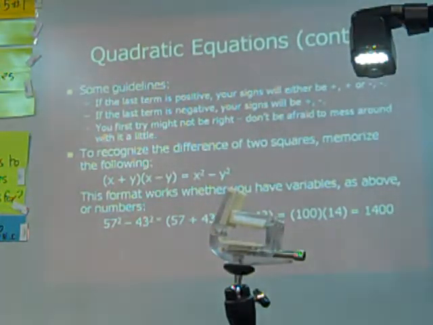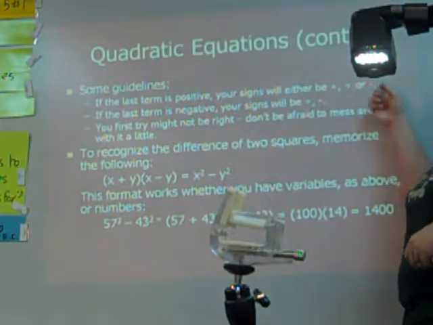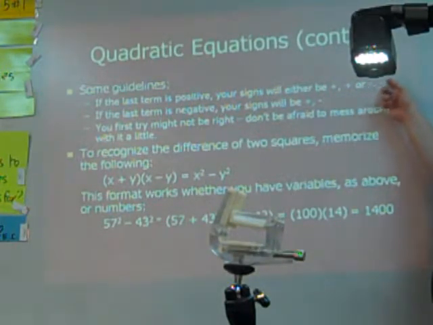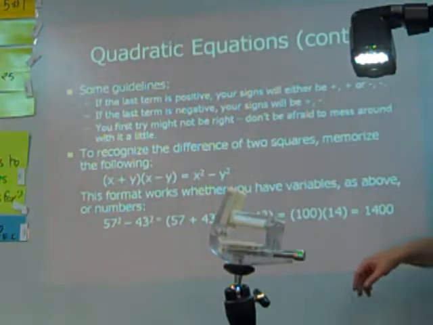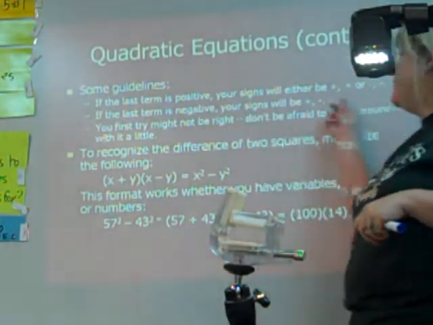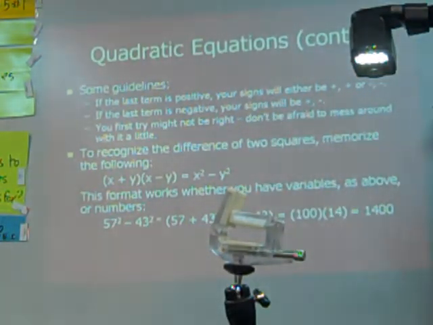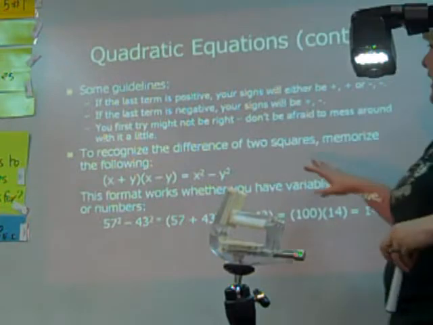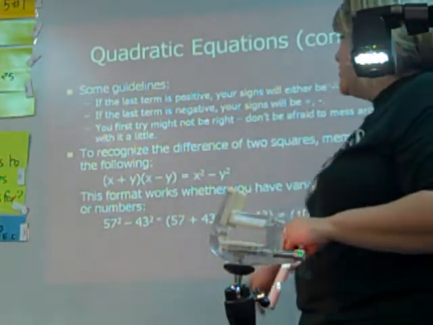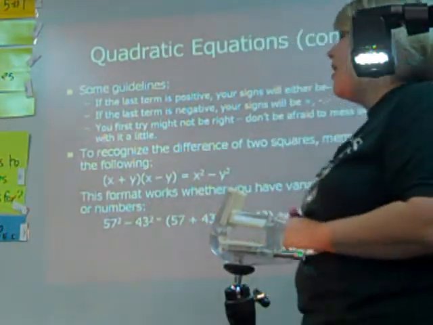Okay, some guidelines that'll help you. Like I told you a minute ago, if the last term is positive, your signs are going to be the same. They're either both going to be plus or they're both going to be minus, whatever's in the middle. If the last term's negative, your signs are different. Your first try might not be right, so don't be afraid to mess around with it a little bit. Recognizing the difference of two squares, you're going to see what we call conjugates.